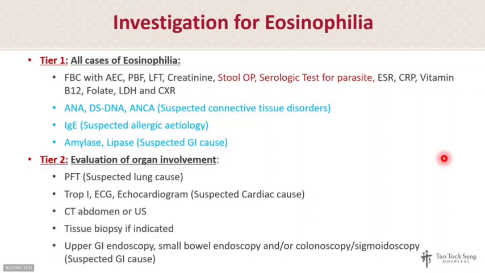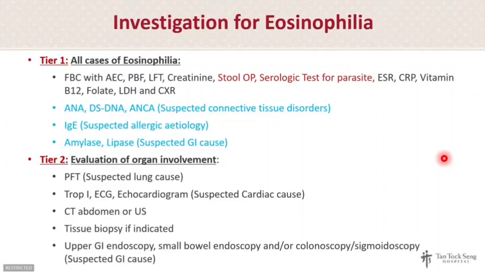As I said, investigation for eosinophilia, tier 1 investigation. I would send for all cases of eosinophilia a full blood count with differential counts, especially the absolute eosinophil count, peripheral blood film, liver function test, creatinine, then stool ova and parasite.